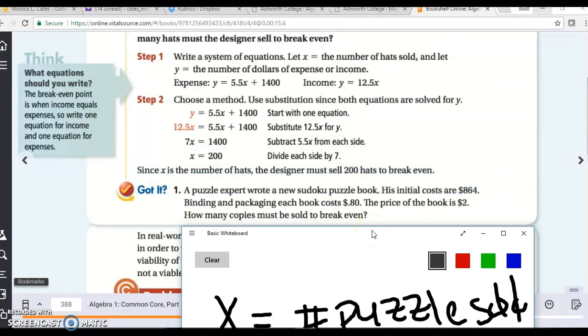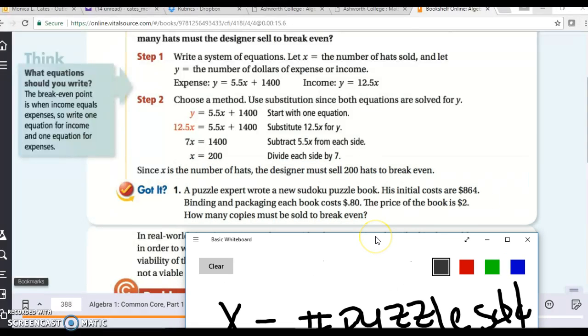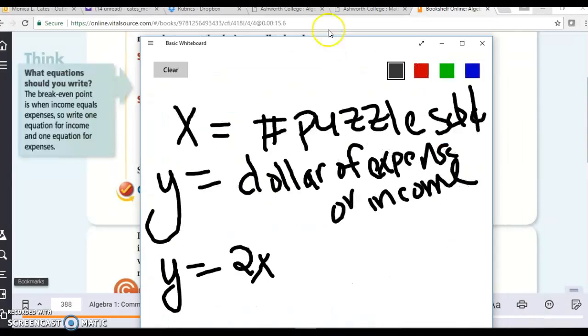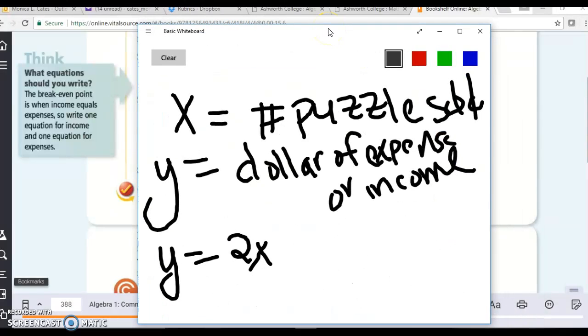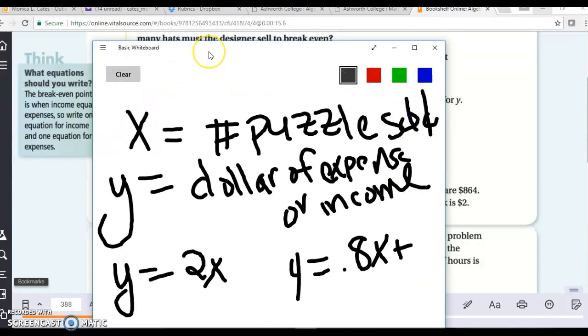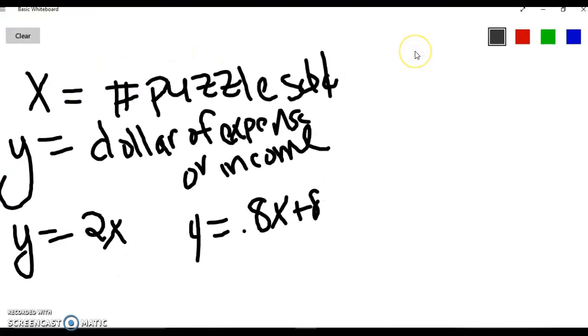And then the expense, his initial cost was $864, and also he paid 80 cents for each book. So the next one would be Y equals 0.8X plus 864. Make it bigger.